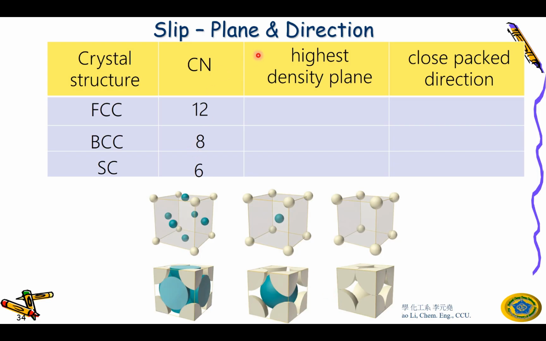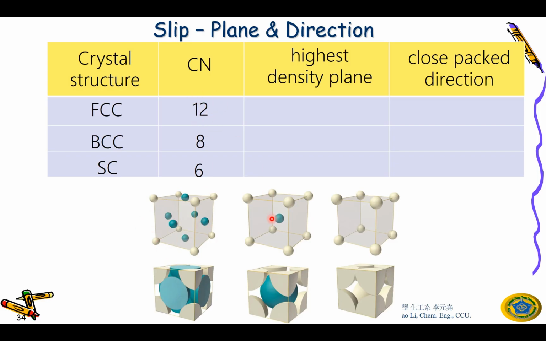So for the slip plane and direction, the crystal structures are FCC, BCC, and simple cubic. These are the three simplest cases. CN stands for coordination number. Remember? The coordination number for FCC is 12. You have 1, 2, 3, 4, 5, 6, 7, 8 in the front, 9, 10, 11, 12.